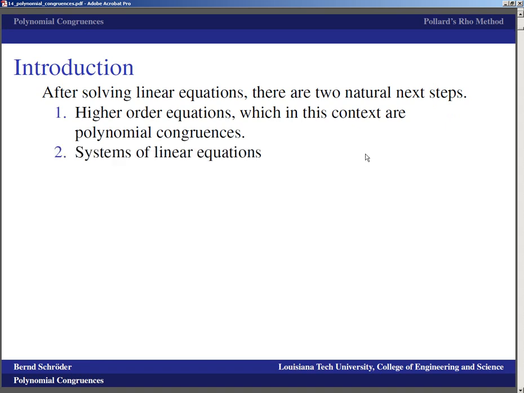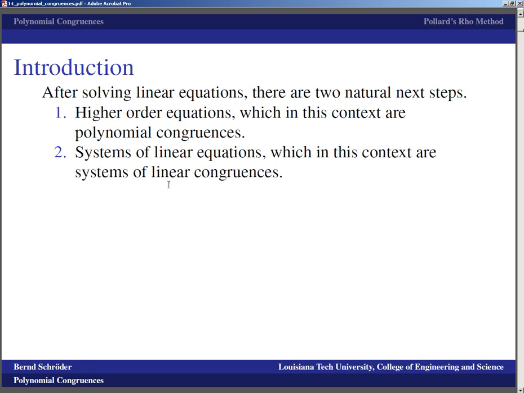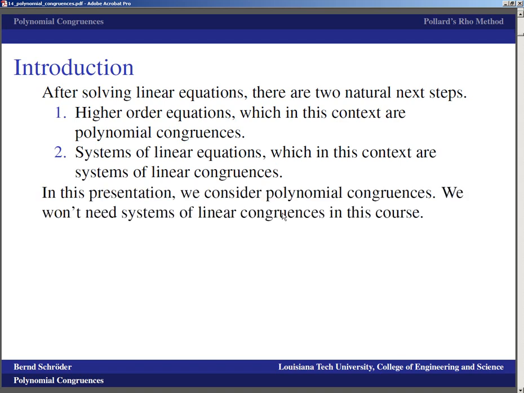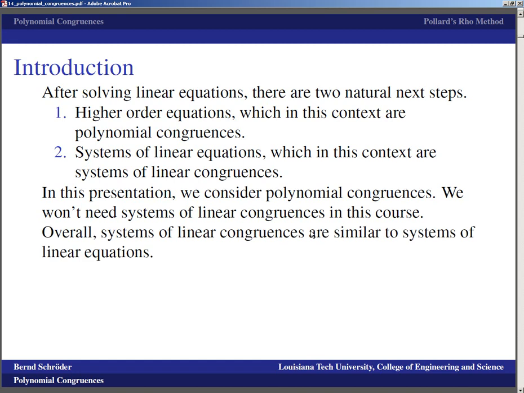And we could also talk about systems of linear equations, which in the context of congruences would be systems of linear congruences. Now, we will consider polynomial congruences. And as far as I can see at this stage, we won't need systems of linear congruences in this course except for the Chinese remainder theorem, which we've already discussed.